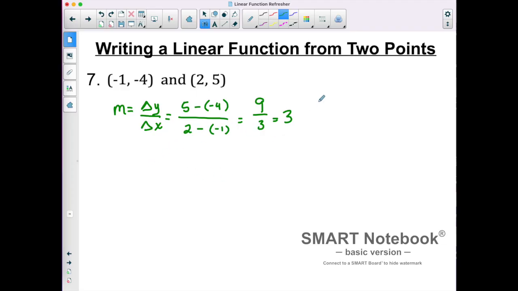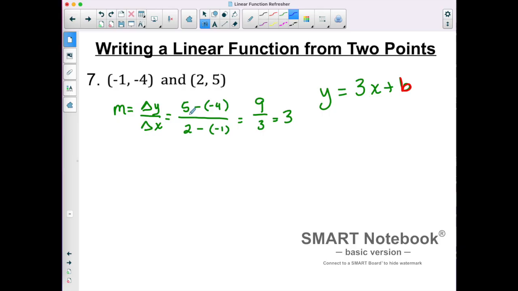Now, the equation would have a slope of 3, but we do not know what the y-intercept is because neither one of these points is the y-intercept. We need to figure out what is the y-intercept that fits for these 2 points. And we can do that by plugging in one of the points.